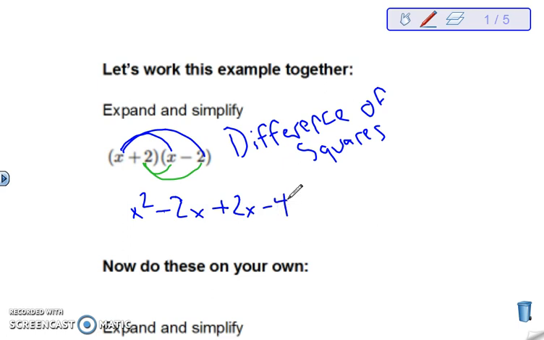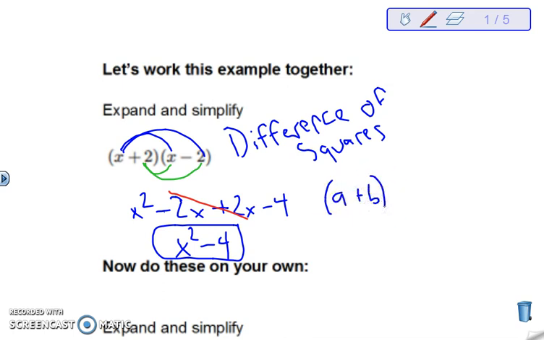So what we'll notice is that the middle terms cross out. And this will happen every time that we get difference of squares. So oftentimes we will see the formula written like so.